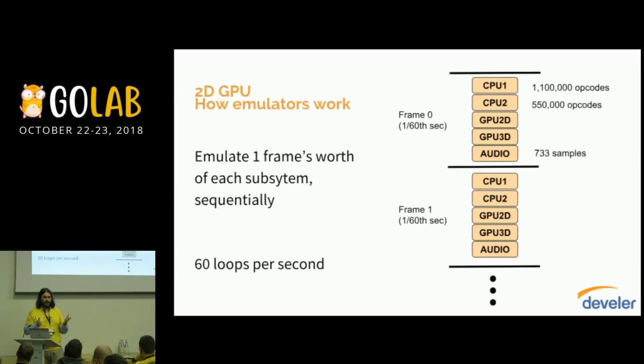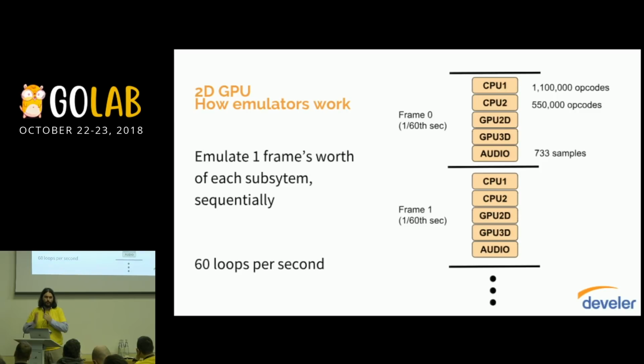So if the speed of the CPU is 66 megahertz, which is around 66 million instructions per second, 1/60th of that is about 1 million opcodes. So you emulate 1 million opcodes of CPU 1, 500,000 opcodes of CPU 2, because we said that is half the speed of the first one, and then draw one frame with one GPU, and then draw one frame with the second GPU, and then produce 700 samples of audio, which is again 1/60th of a second, and then your frame is finished.